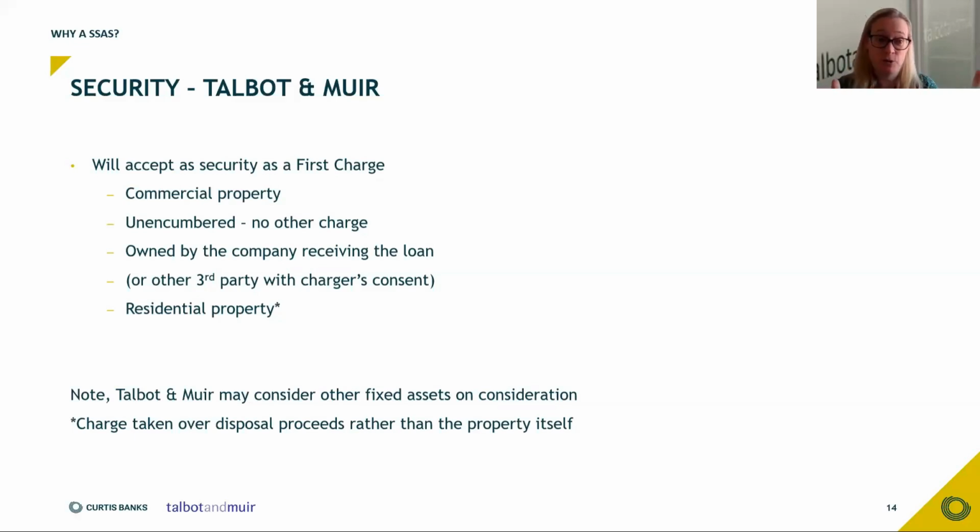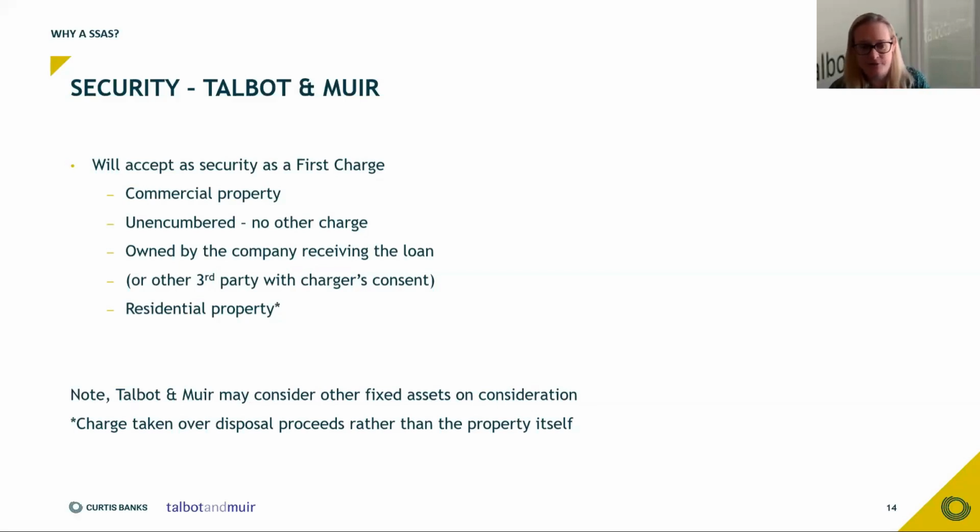The next bit then is who can provide the security. It could be the company, it could be the clients, and it could also be a third party who's happy to consent that a charge is placed on their property.